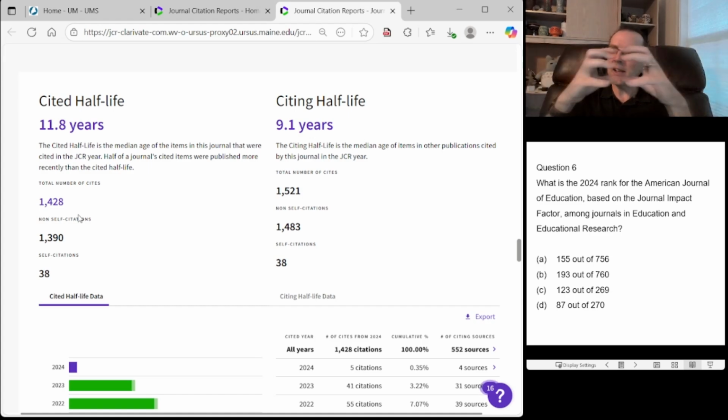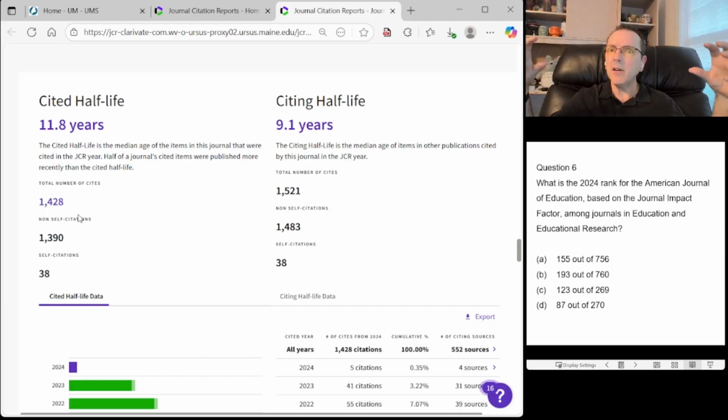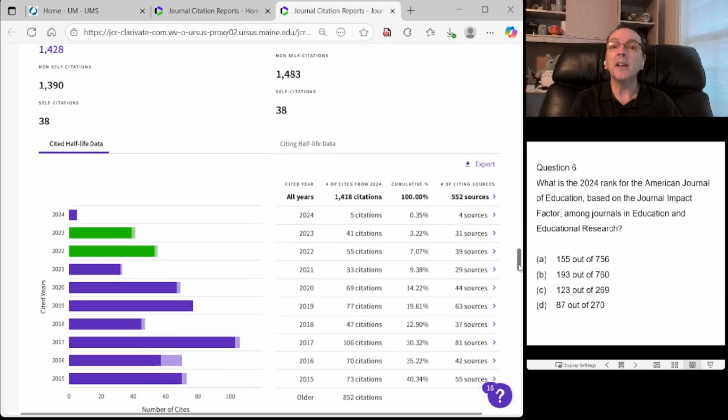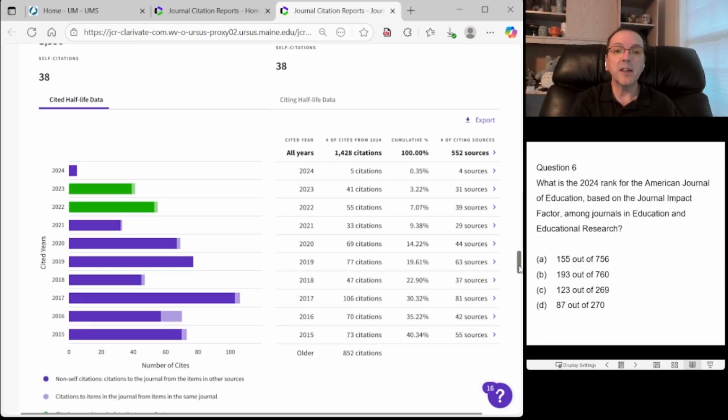It gives you a sense that papers are 10 years old and they're still getting cited by other researchers out there. There's some staying power, some longevity to this journal. The stuff they're publishing is still getting attention many years later. So that's a good indicator too, giving you a sense of the broad impact that the journal has and continues to have over time.